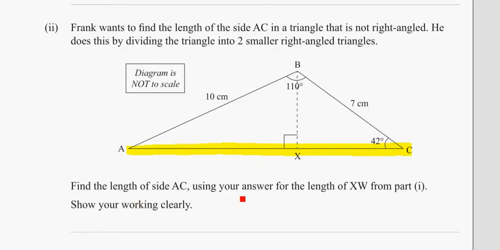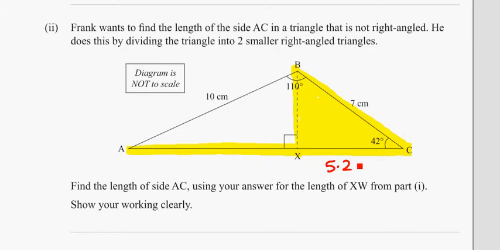Find the length of AC using your answer for the length of XW from part 1 above. Now if you look at XW above, you'll find that it's actually from this triangle here. This triangle here is the same as the triangle above, same measurements. So we've already done part of the work. We've already found this part from above.